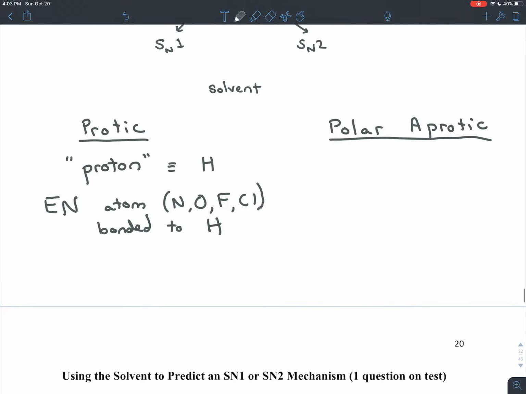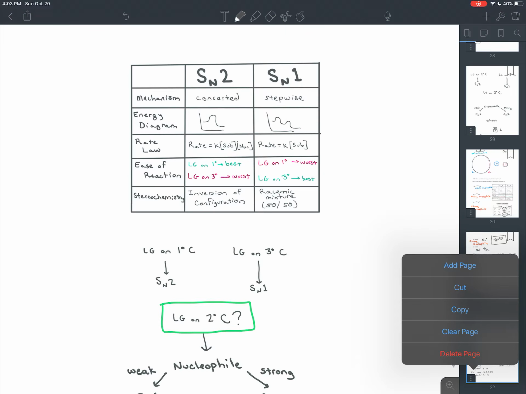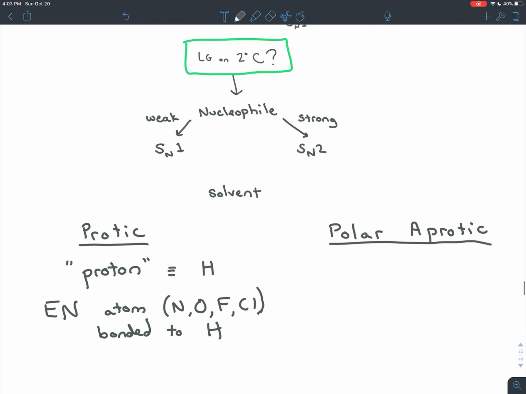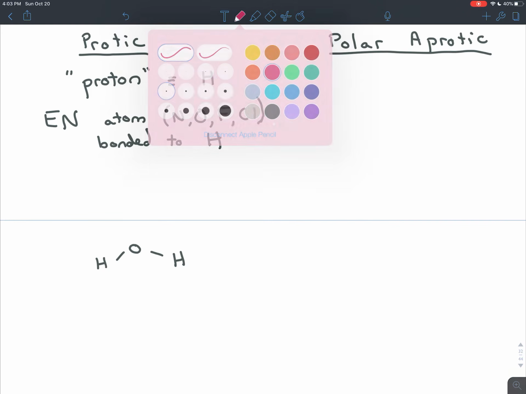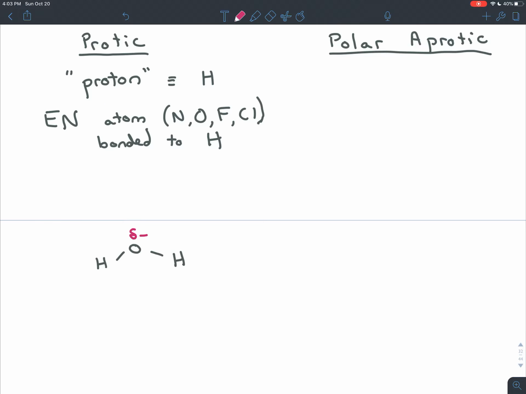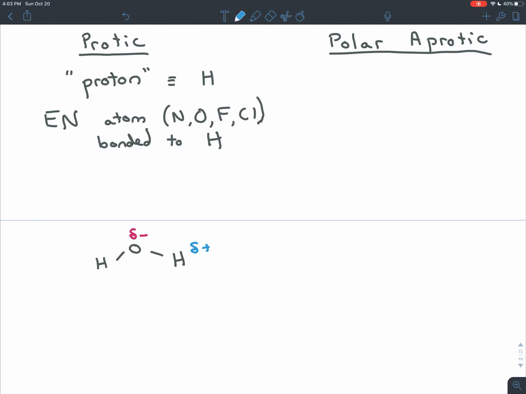If you think about the effect of that, think about, for example, water. Water is a protic solvent. In water, the oxygen is very electronegative. Remember, we need an electronegative atom that pulls electrons to itself, and if it's bonded to hydrogen, then the hydrogens will have a slightly positive charge.